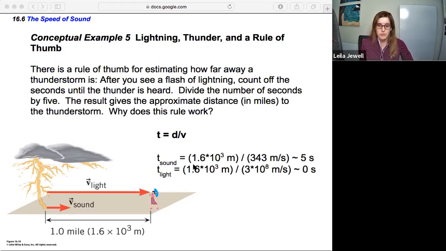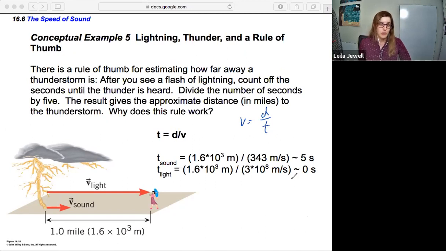We could get that time as t equals distance divided by v, which is just a rearrangement of velocity equals distance over time. The distance is 1 mile, which is 1.6 times 10 to the 3rd meters, and we'll divide by the speed of sound at 20 degrees Celsius. It turns out that comes out to about 5 seconds.